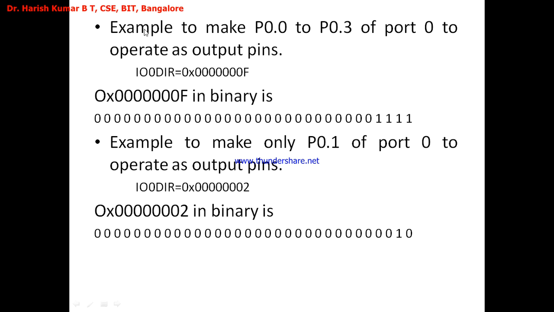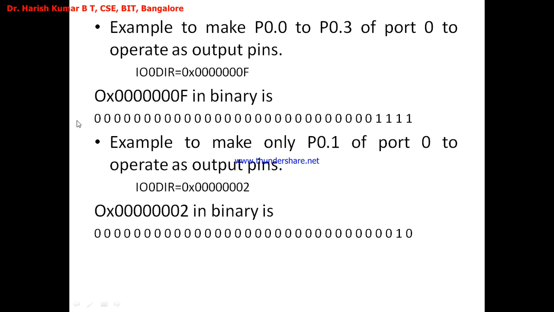Now I have one more example. I want to make only P0.0 to P0.3 of port 0 operate as output pins, and the rest all as input pins. Since it is port 0, IO0DIR is equal to 0x0000000F, and only the last digit is F and the rest are all 0.